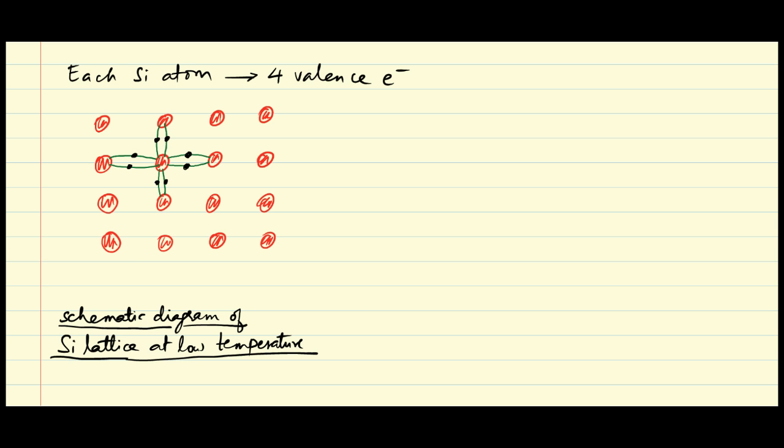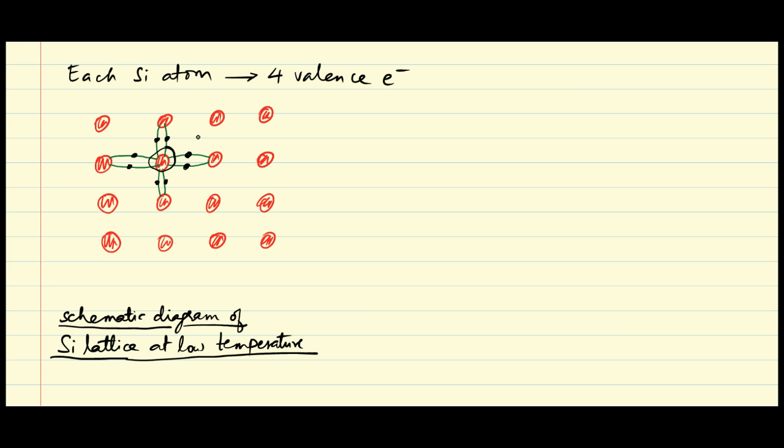You can see in this schematic diagram that this particular silicon atom actually has 8 electrons, and that satisfies its valency. Of course, out of the 8 electrons, 4 are contributed by itself and 4 are coming from its neighbors. So these are essentially 8 shared electrons.